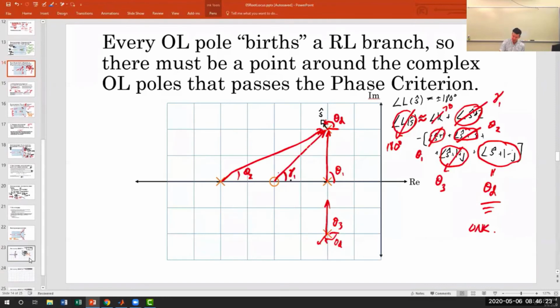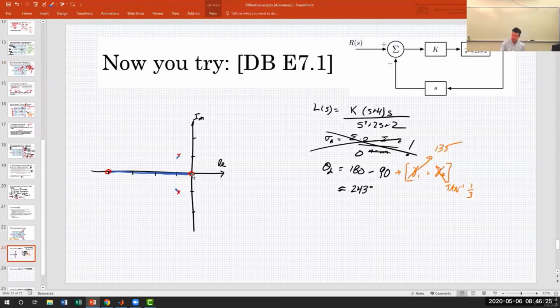And in the example now, there are two open loop zeros. And so the angle from here to here is gamma 1. And the angle from here to here is gamma 2. I don't know how better to say that. This is 135 degrees. This is 18 degrees.